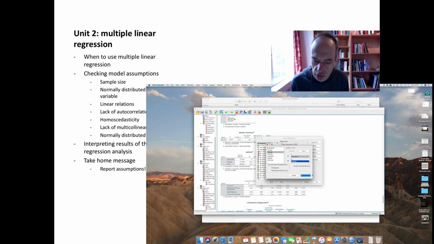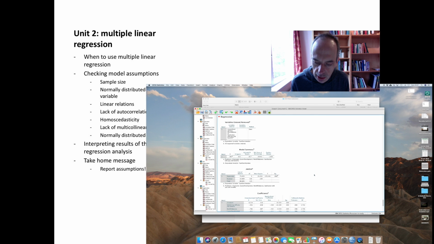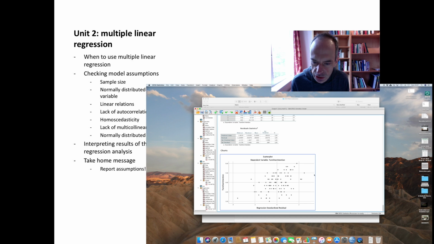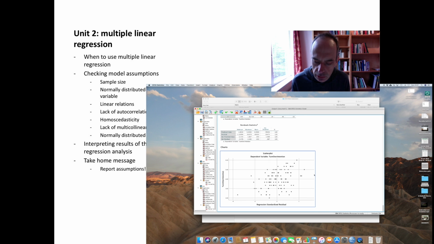And if the distance between the dots and the diagonal stays roughly the same, no bowing outward or inward, there is indication for homoscedasticity. In the example, there is no bowing, so we assume homoscedasticity.